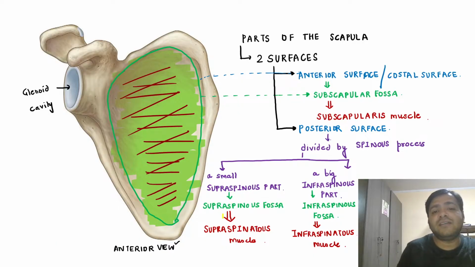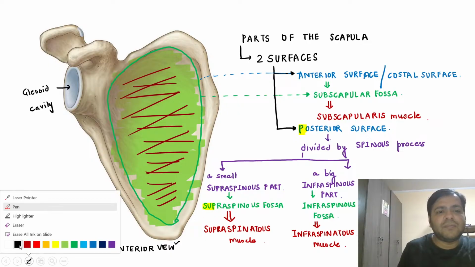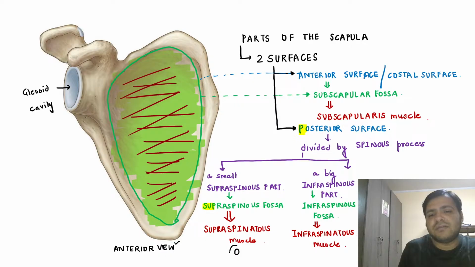It is the supraspinous fossa on the posterior surface, right? So remember, the supraspinatus muscle originates from the scapula.